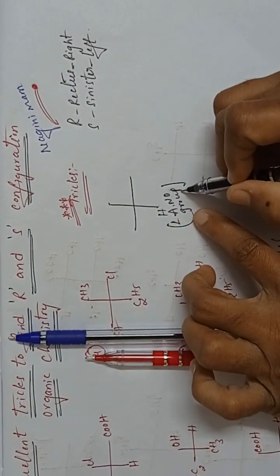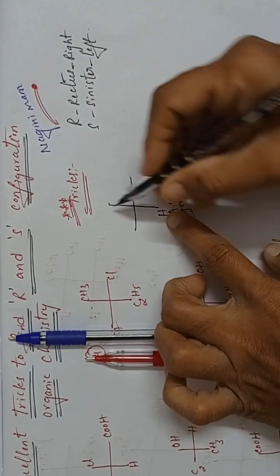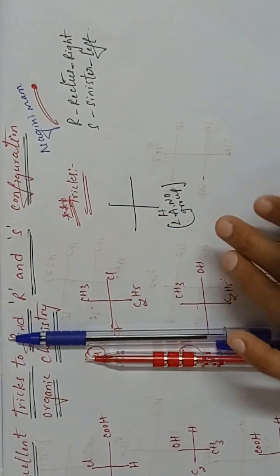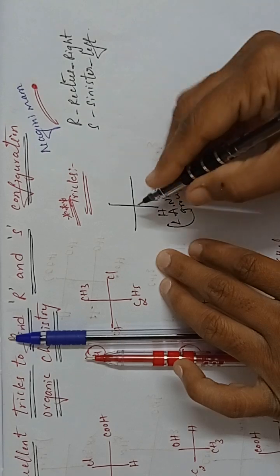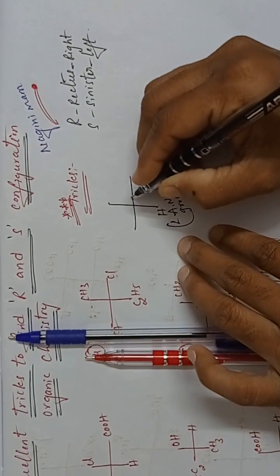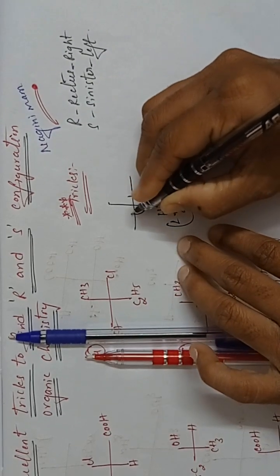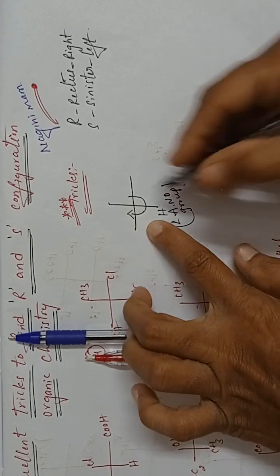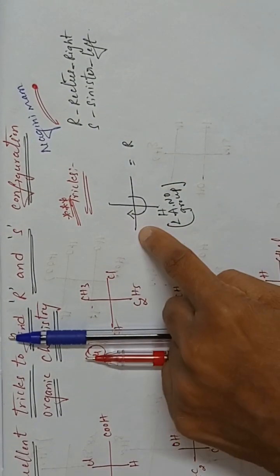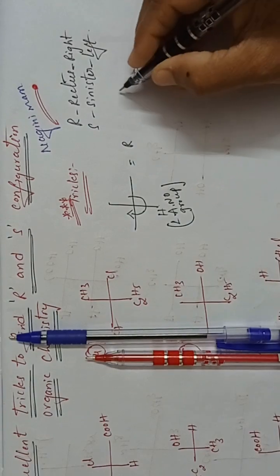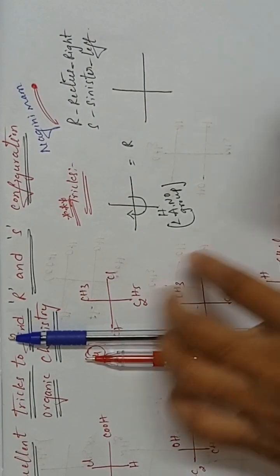Then, in the atomic number priority order, if it is clockwise direction, it is R configuration. Clear? This is R configuration.